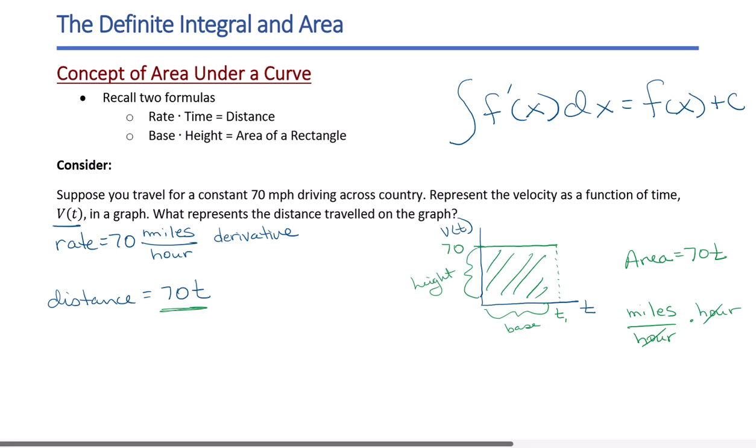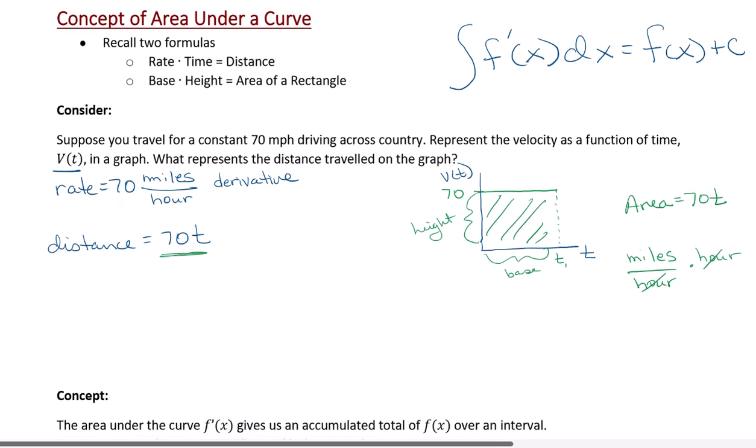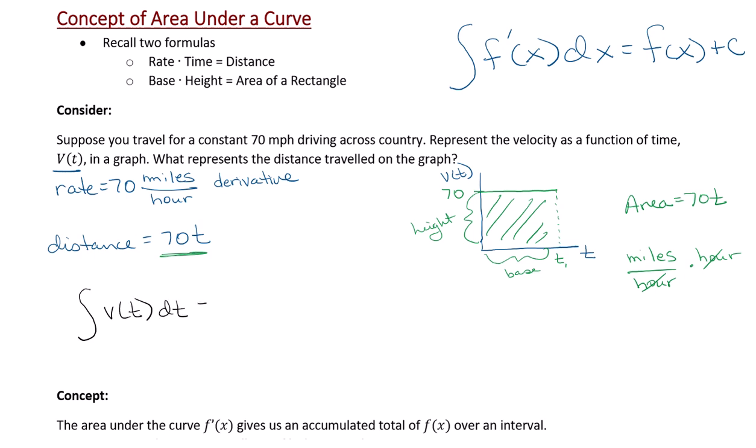But here's where the relationship is with the integral. Let me scooch this up just a little bit. If we were to take the integral of that rate, we would be left with just the distance, which is the miles.